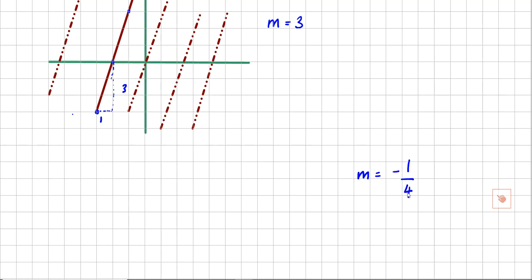A fraction is a division, no? 1/4 is 1 divided by 4. A gradient is a fraction, so we've already got the change in y divided by the change in x, but it's expressed as a fraction still.